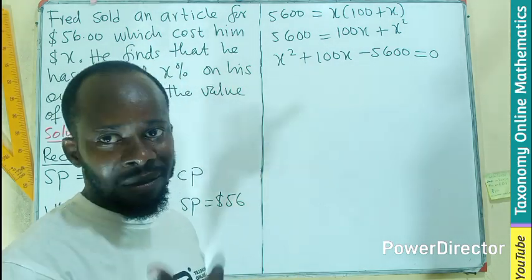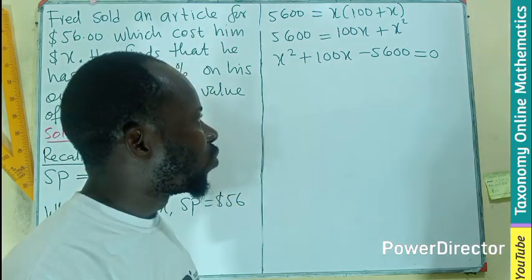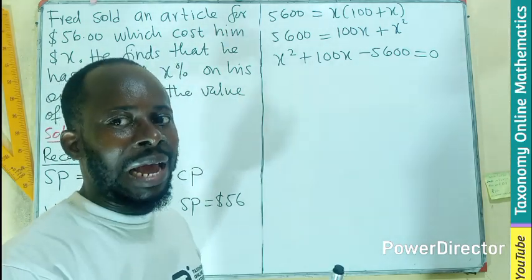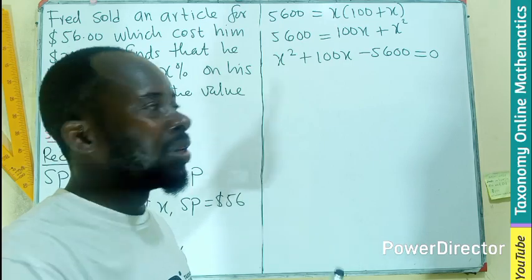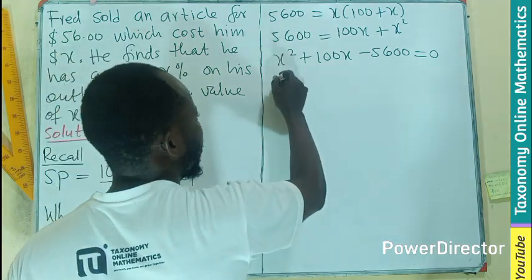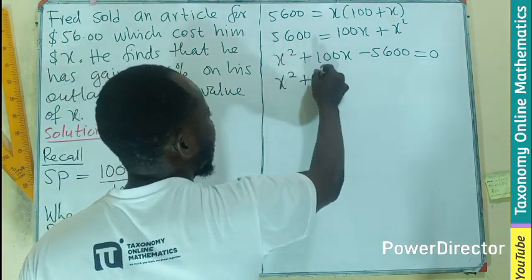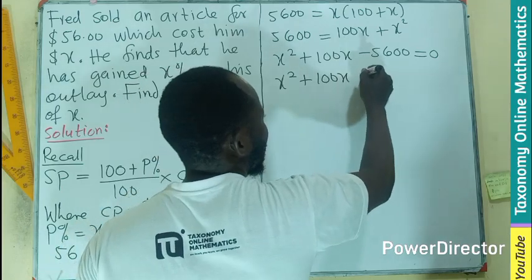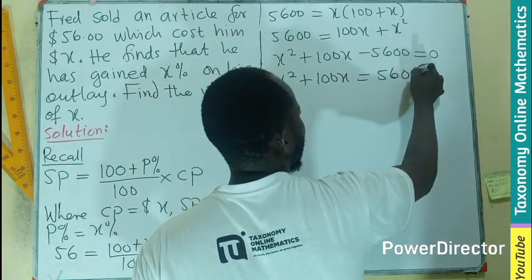We can easily list them and find, but in order to avoid wasting time, let's use the completing the square approach, which is going to be X squared plus 100X equals 5,600.